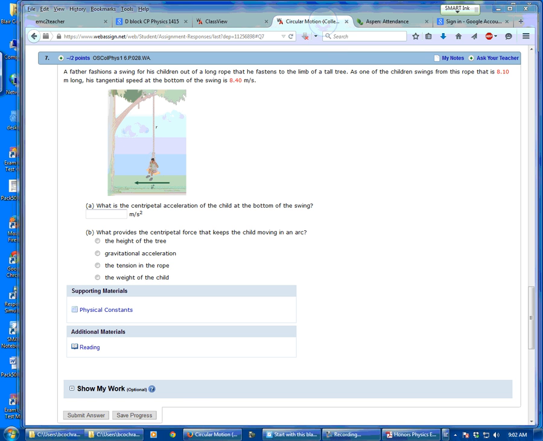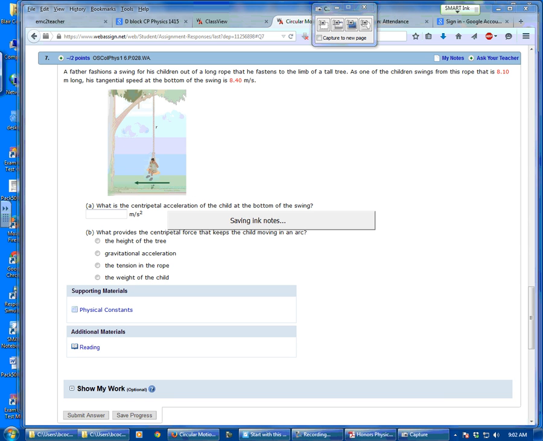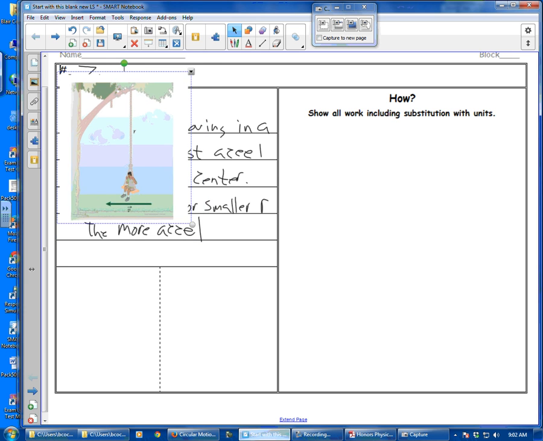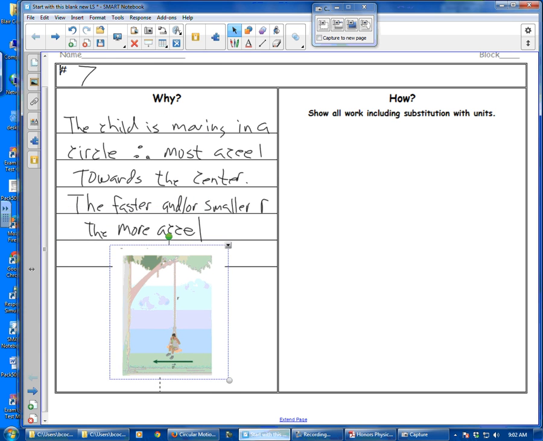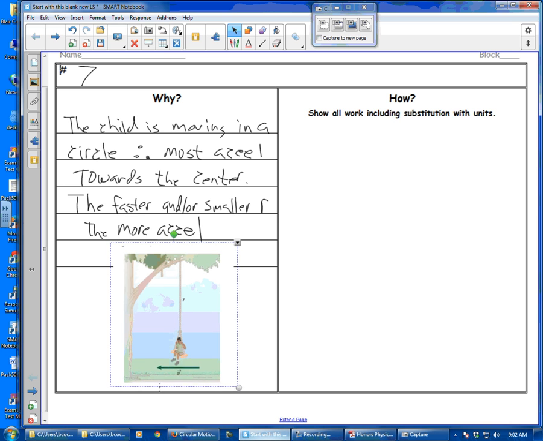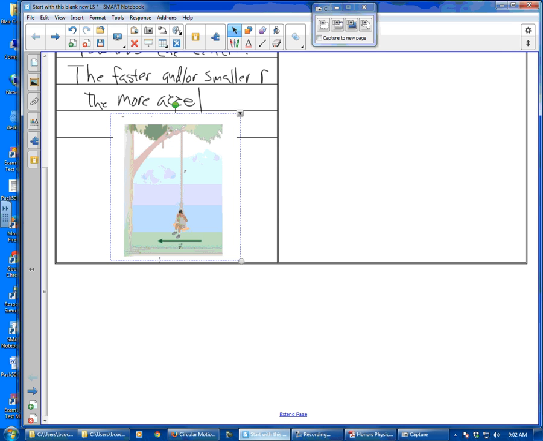The lazy drawing. We'll just grab this picture. And my force diagram, let's see.